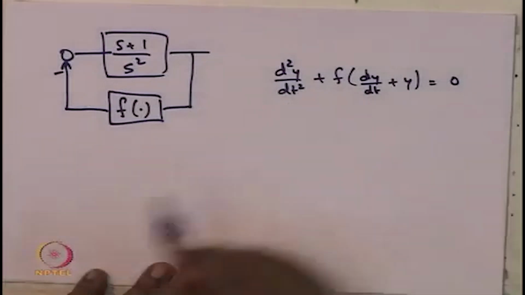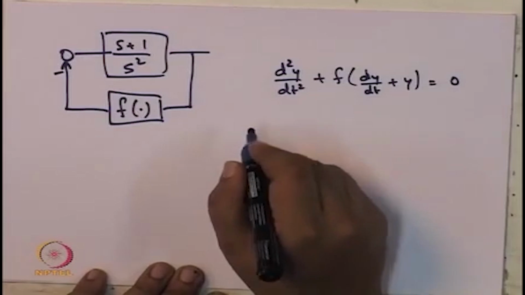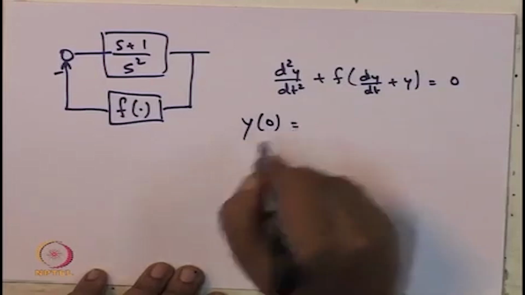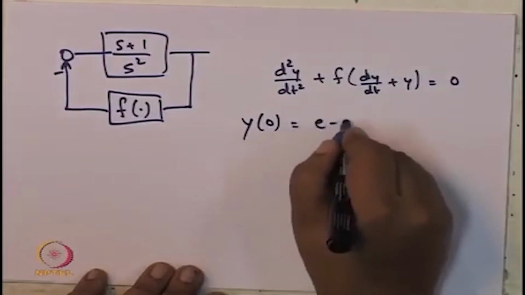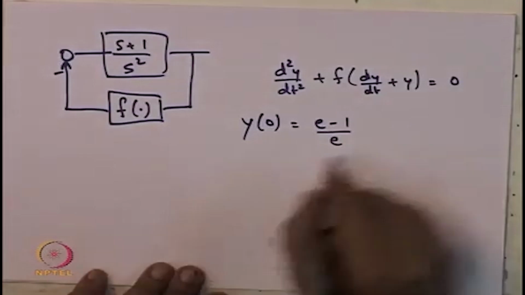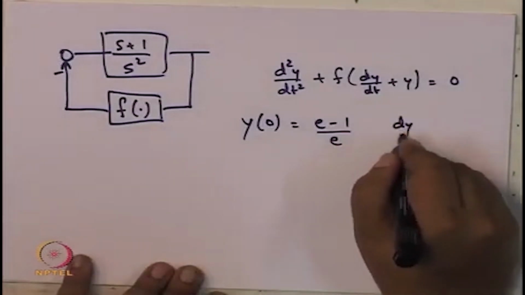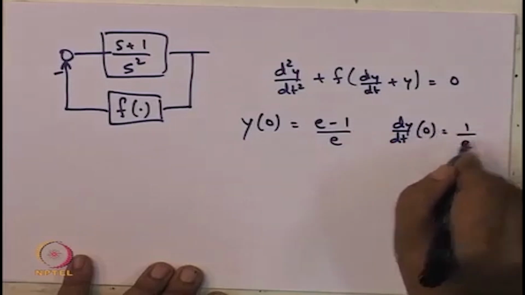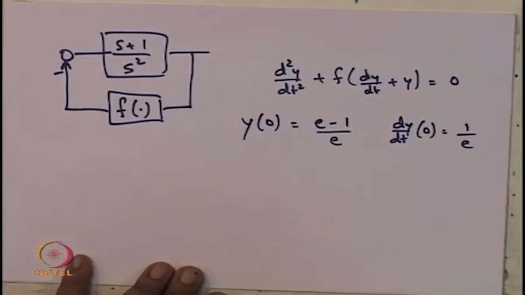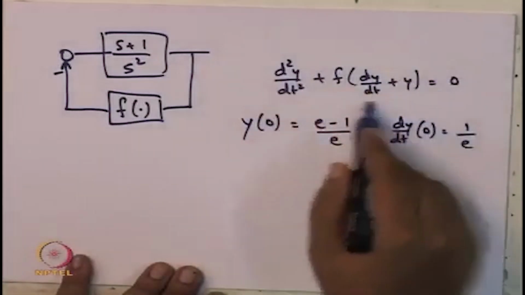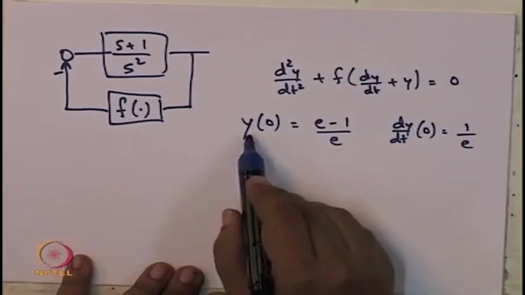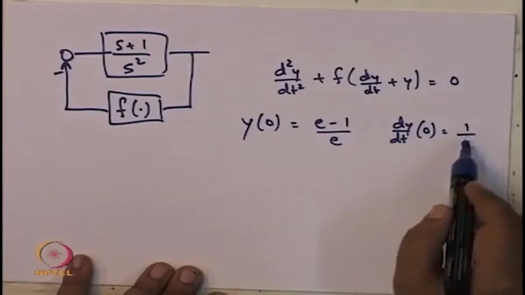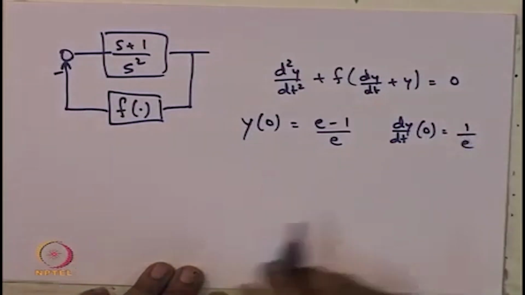Okay. Now, for this system, I look at a particular solution, so y of 0 is specified as (e minus 1) upon e, and dy dt at 0 is specified as 1 by e. Okay. So, one wants to solve this differential equation with the initial conditions y at 0 is (e minus 1) by e and dy dt at 0 is 1 by e. Okay.